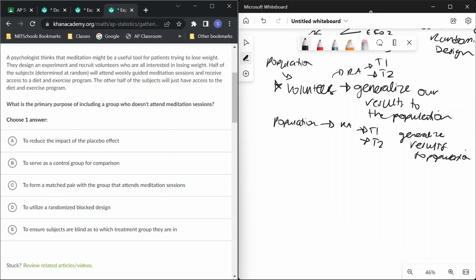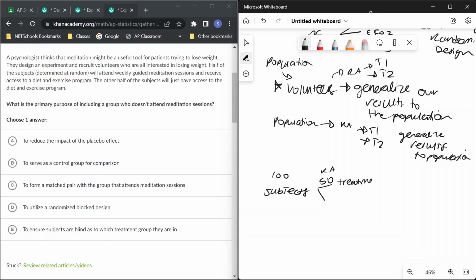Okay, so you have the subjects, half of the subjects, let's say we had 100 subjects, and so half of them, 50, were randomly assigned to attend treatment 1. In this case, treatment 1 is the guided meditation sessions.